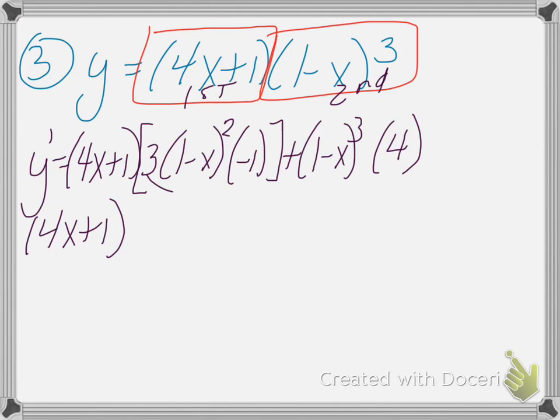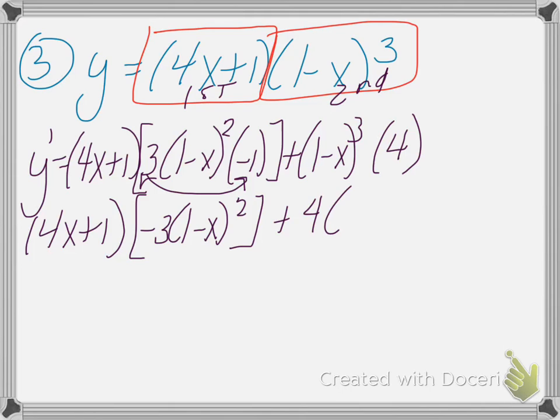So I'm going to multiply this 3 with this -1. And now I'm going to factor out 1 minus x squared, because this is one term, this is one term.